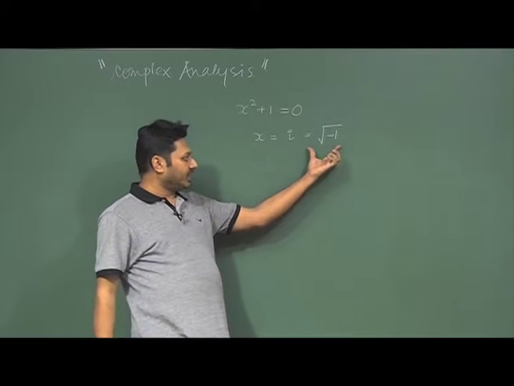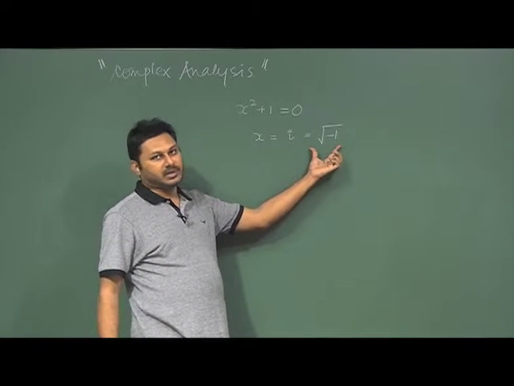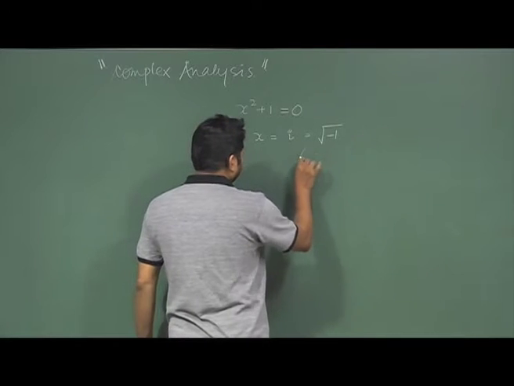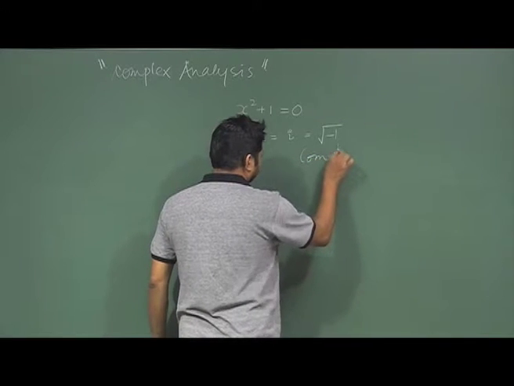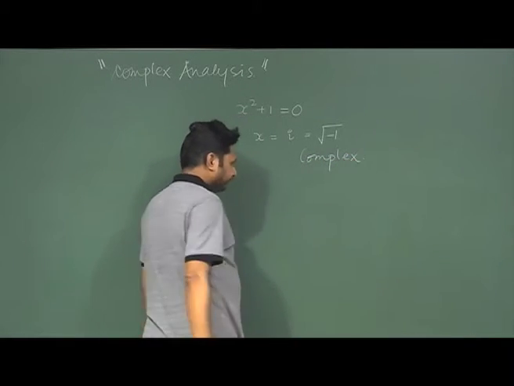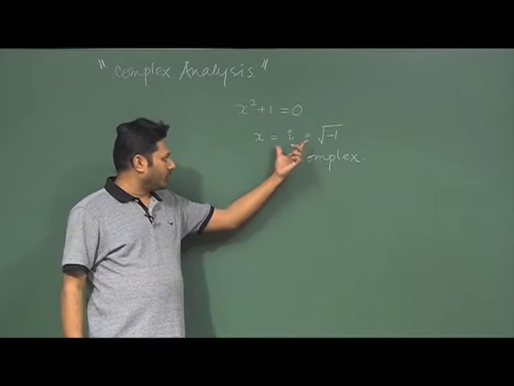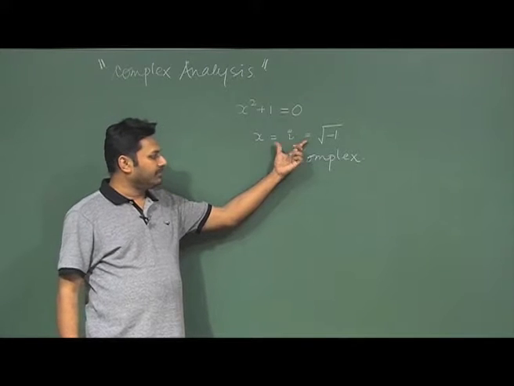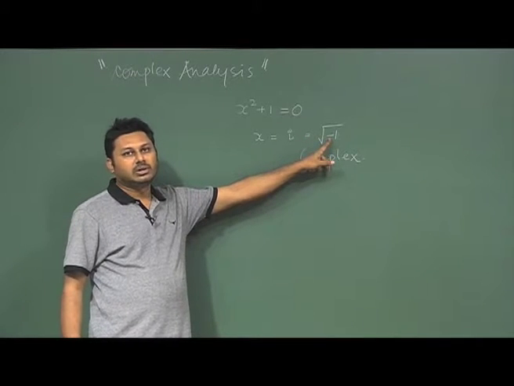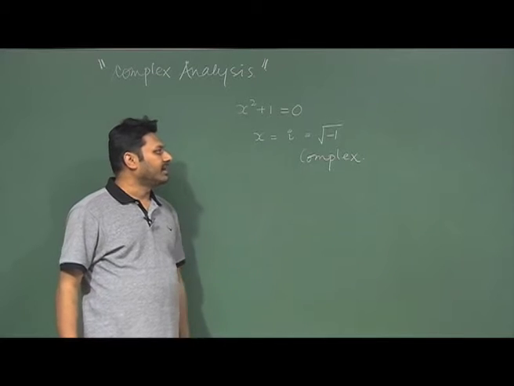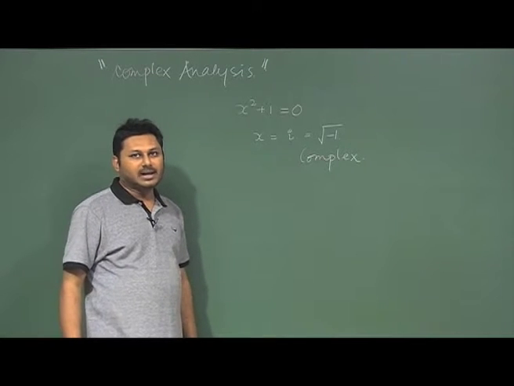So the square root of -1 is some number which is complex. So first thing, this is a complex number. Now we have something under a root which is defined as a complex number, and normally we denote it as i.